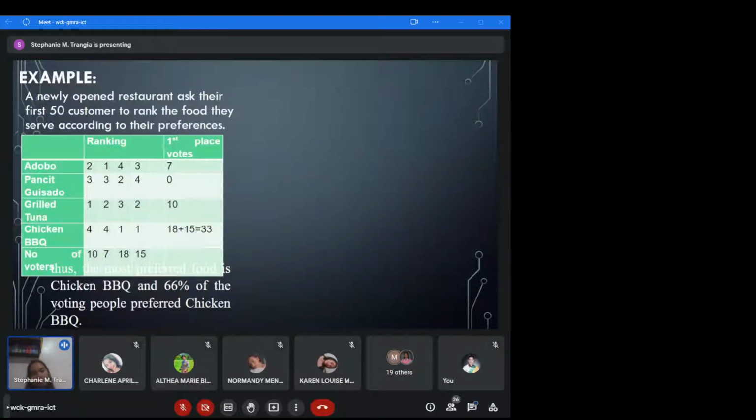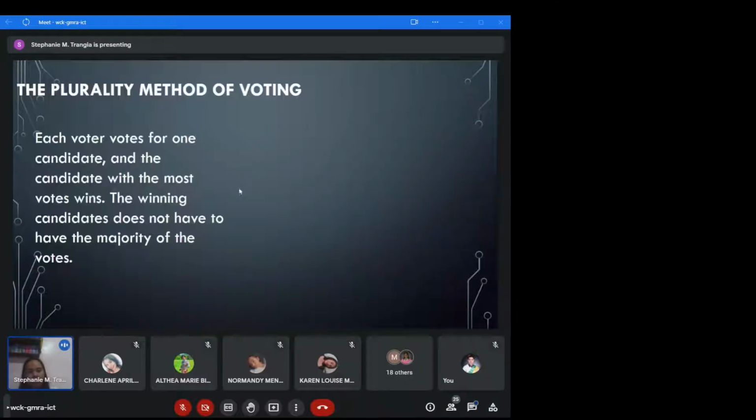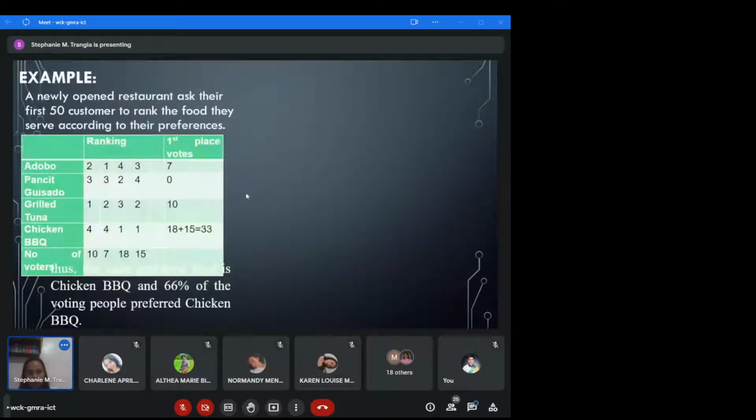Then for chicken barbecue, 18 plus 15, so that's a total of 33 over 50 customers who gave first place votes for the chicken barbecue. So chicken barbecue is the most preferred food in that newly opened restaurant. So that's how you do the plurality method of voting.